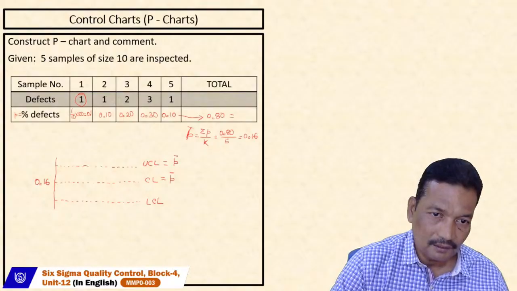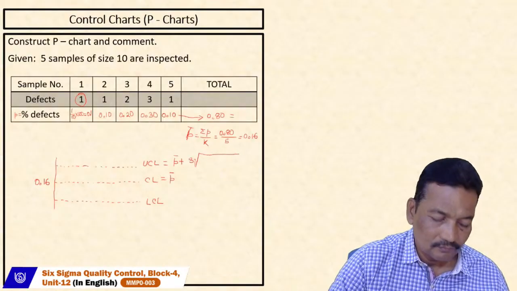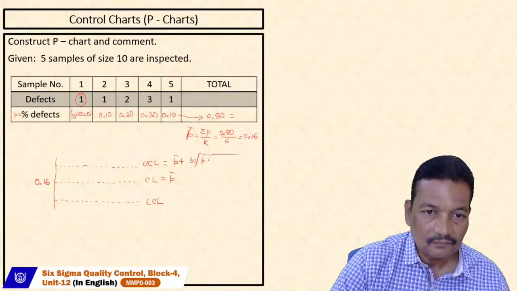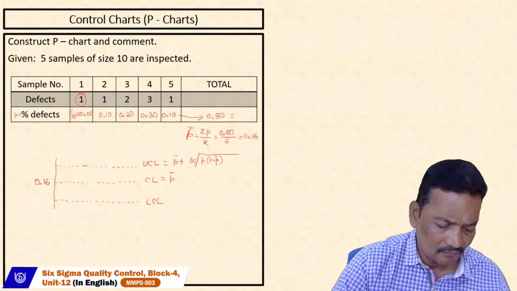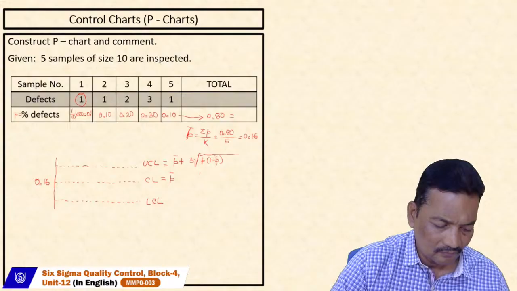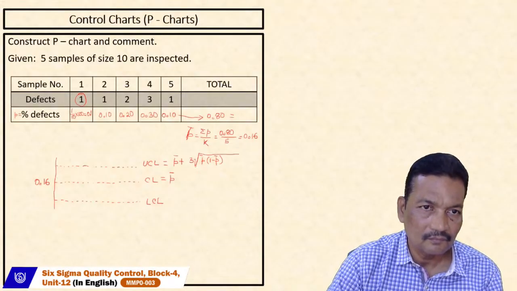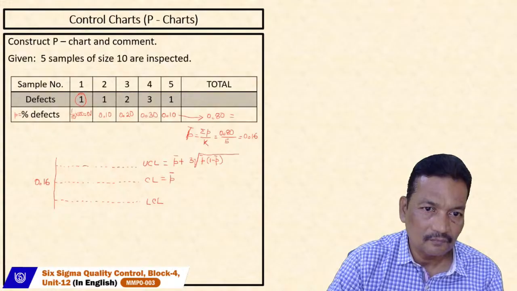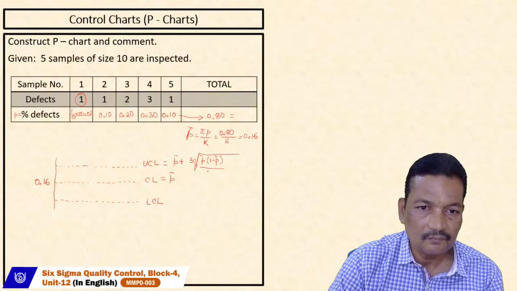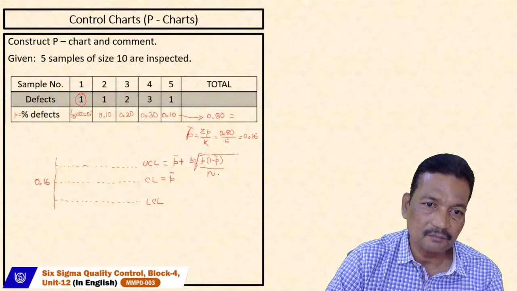Now the upper control limit is equal to P bar plus 3 into root over of P bar into 1 minus P bar by n, where n is the number of items in the sample.